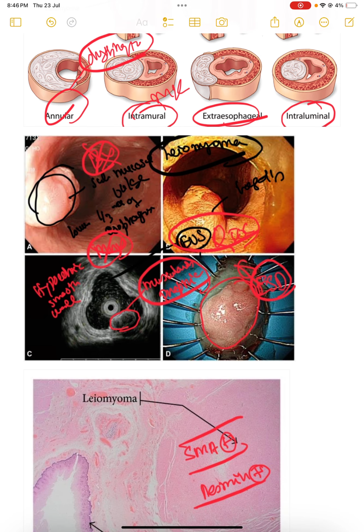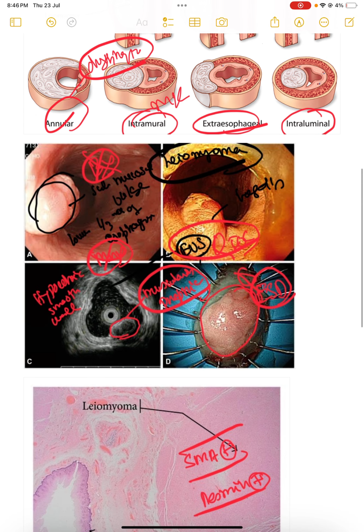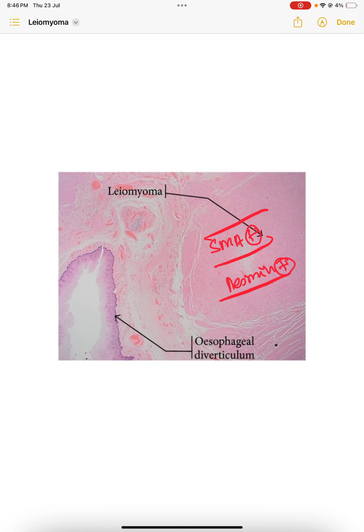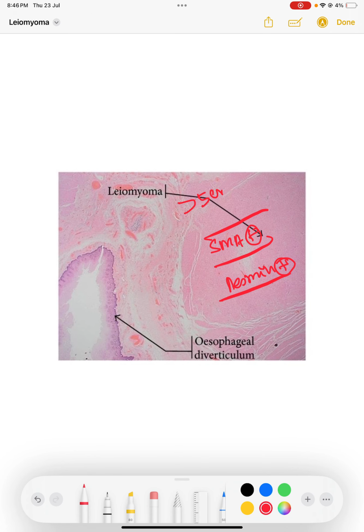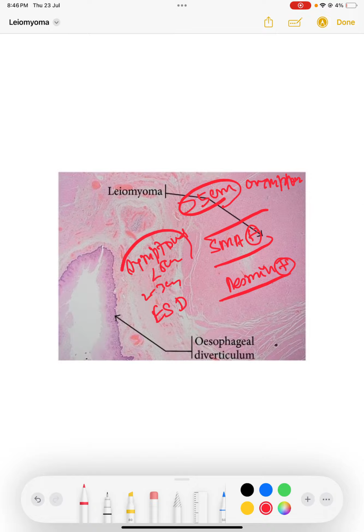The treatment is usually when the size is more than 5 centimeter, even if asymptomatic. If symptomatic and it is less than 5 centimeter, like say 2 to 3 centimeter, then you can go for endoscopic submucosal dissection.